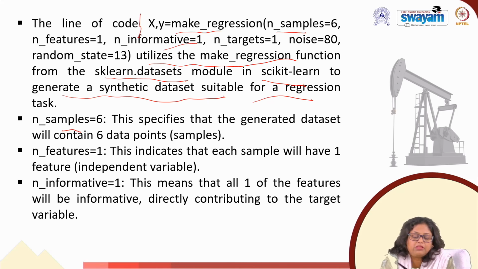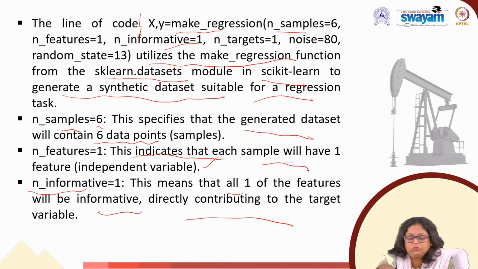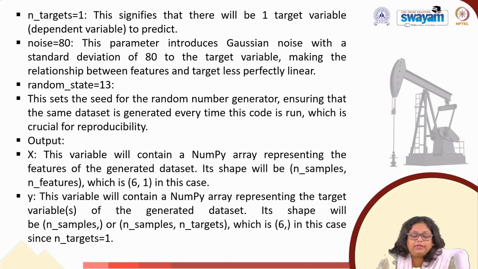n_samples is 6. This specifies that the generated dataset will contain 6 data points, though we can vary it. n_features is 1, so each sample will have one feature, the independent variable. n_informative is also 1, meaning the one feature will be informative, directly contributing to the target variable. n_targets is 1, which signifies that there will be one target variable, the dependent variable, to predict.